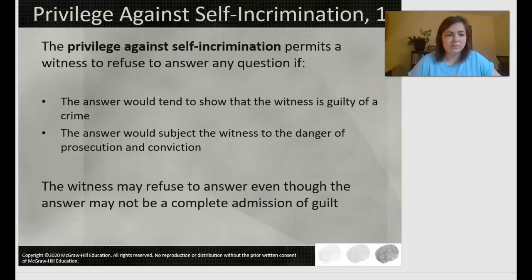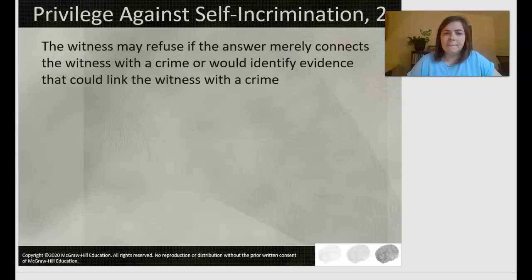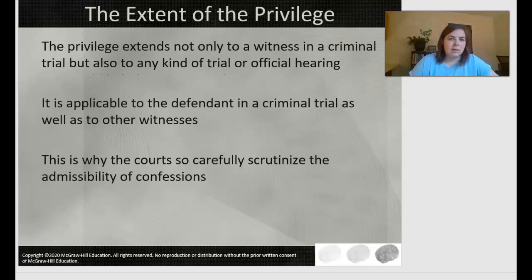The witness may refuse to answer. A witness can also refuse if the answer would just connect them or identify evidence that could link the witness to a crime. So witnesses do not have to incriminate themselves even under the power of a subpoena.